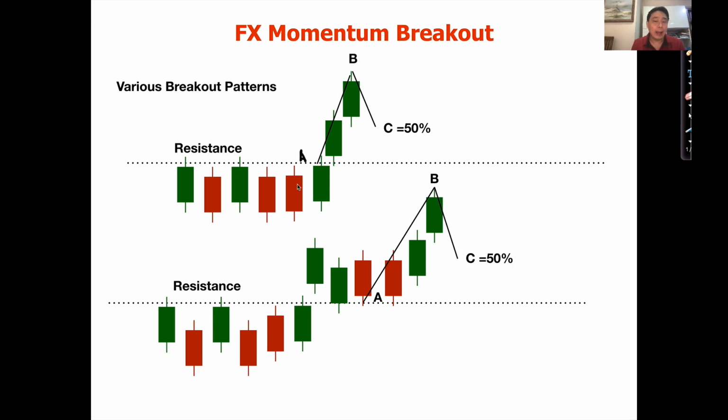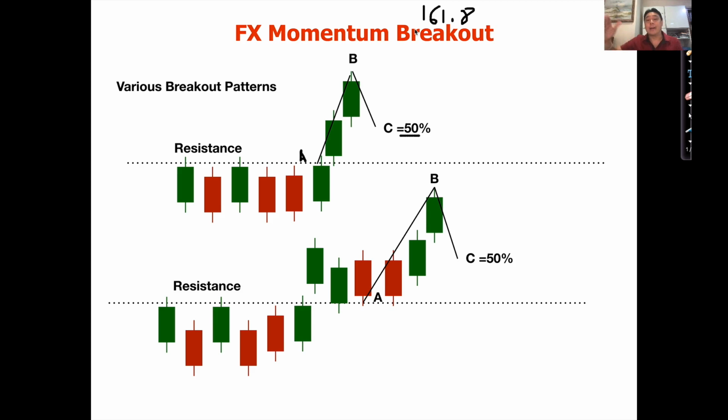Or we can also say that A is where the price started moving strongly. So in this case, that's A, that's B. Remember, take the Fibonacci tool, click on B, drag to A, and you would see the 50% retracement and the 161.8 target price, or some people call it 1.618. Doesn't really matter where you put the decimal point, right?